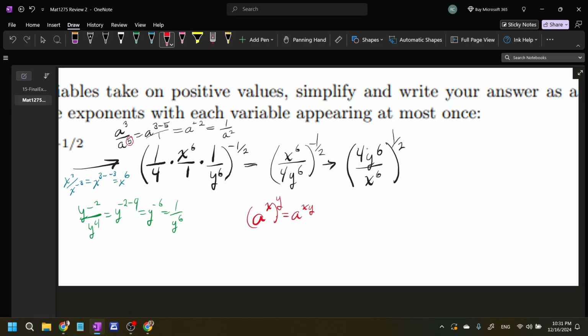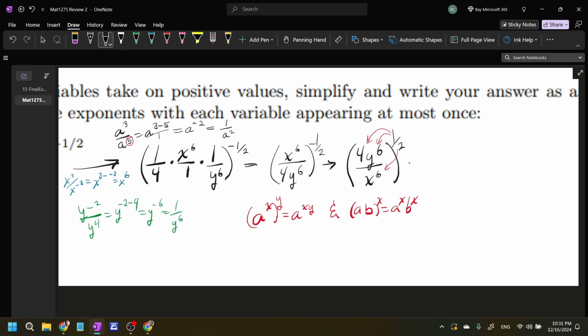In conjunction with the rule that a times b to the x is equal to a to the x times b to the x, when we apply both of these exponent rules at the same time, we can distribute the 1/2 exponent on the outside to each of the factors in the numerator and in the denominator.